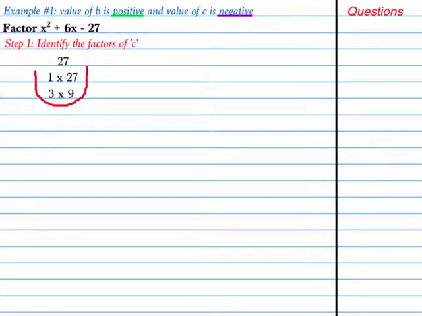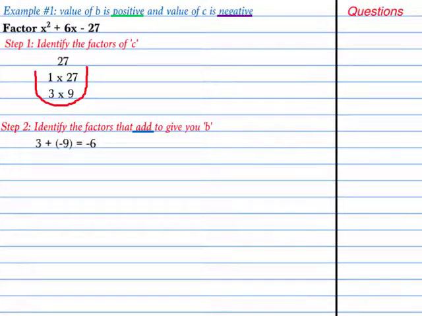And those are our only factors for 27. Now something we have to be aware of is that one of our factors has to be a negative. One positive, one negative. That way when I multiply it gives me a negative 27. But they're still going to have to add to give you b. So I want to try different combinations.